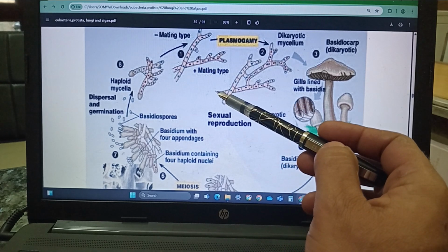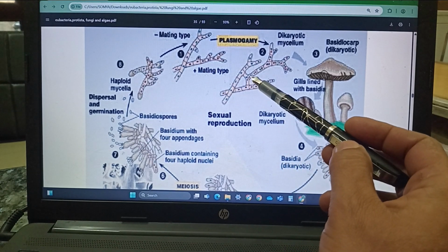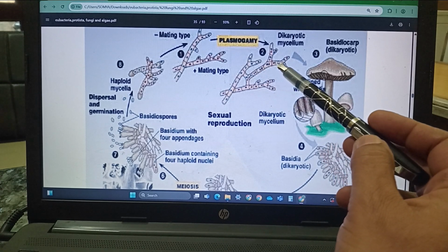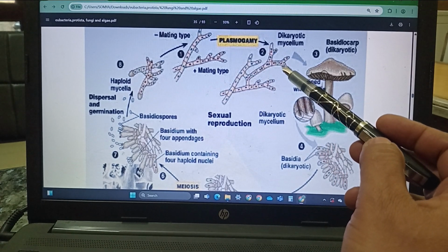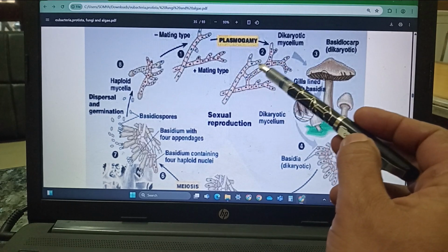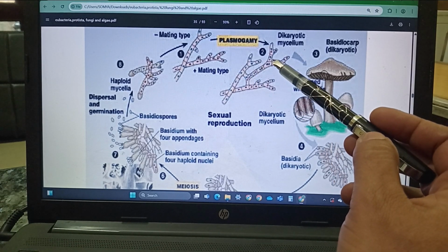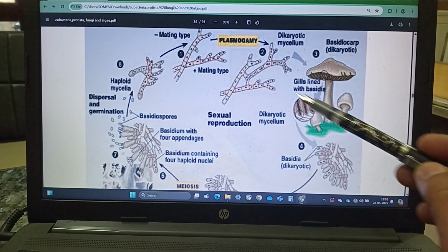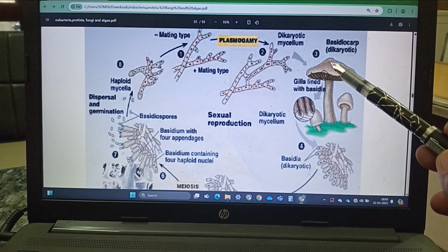The resultant structure is dikaryotic. This dikaryotic hypha is produced. The dikaryotic hypha will give rise to the basidium. Basidium is a fruiting body.